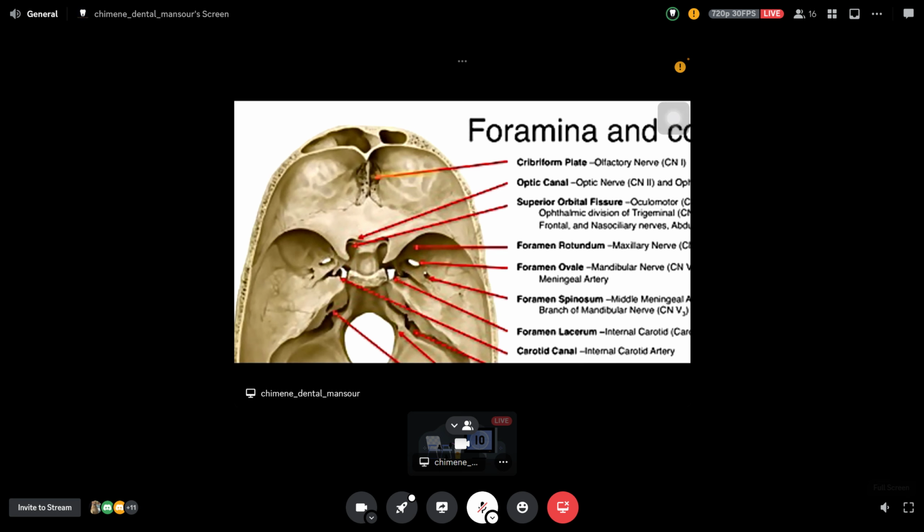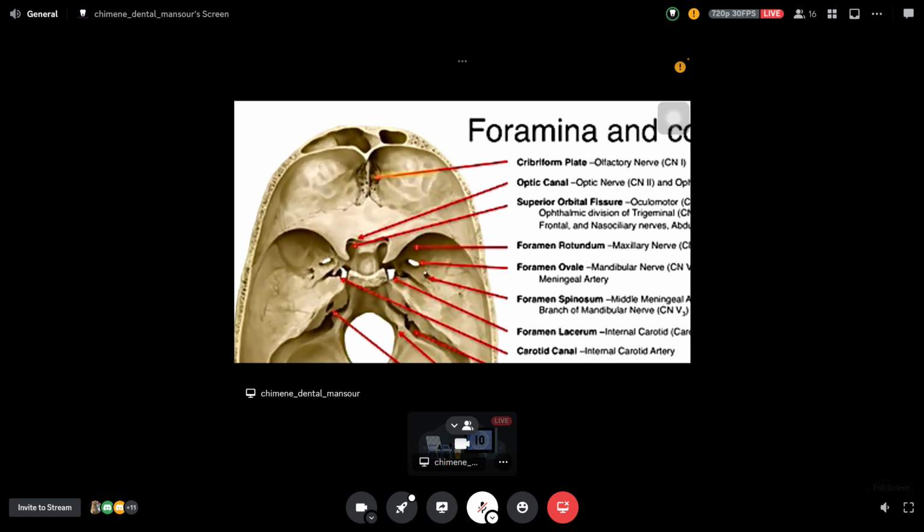Further on, going superiorly, you have the mylohyoid groove, right? And you can see a small foramen that is lateral to the mental protuberance, the mental foramen. I'm not going to talk further about the mandible.